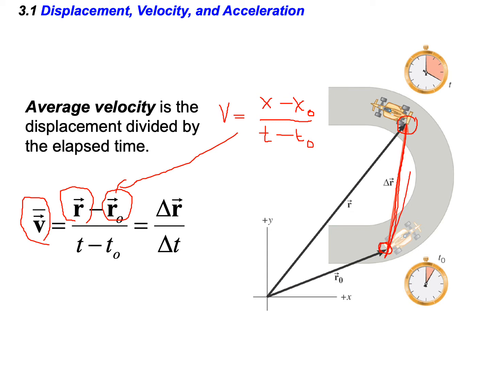This is a vector. It's related to the final position and initial position, and the direction is from the initial position towards the final position. And delta r over delta t is the velocity of an object on a two-dimensional plane.